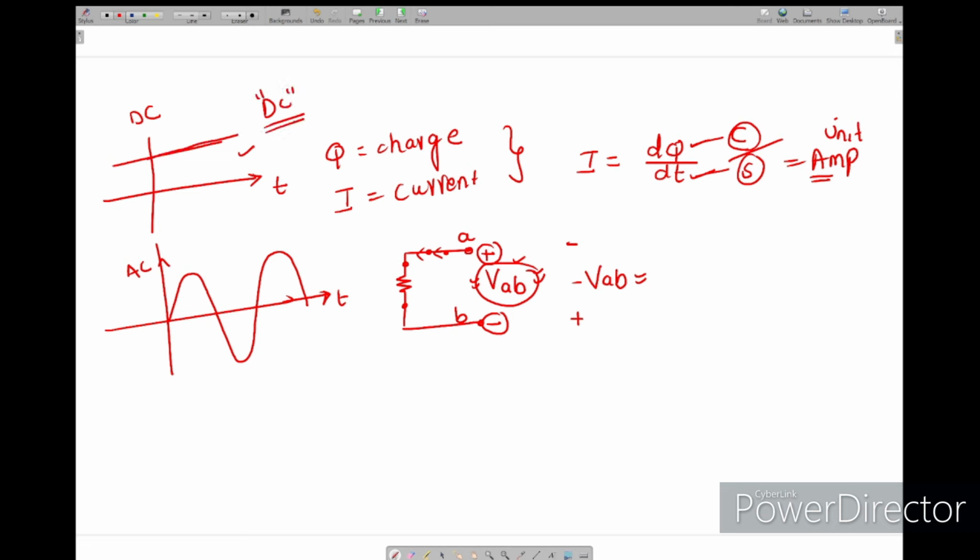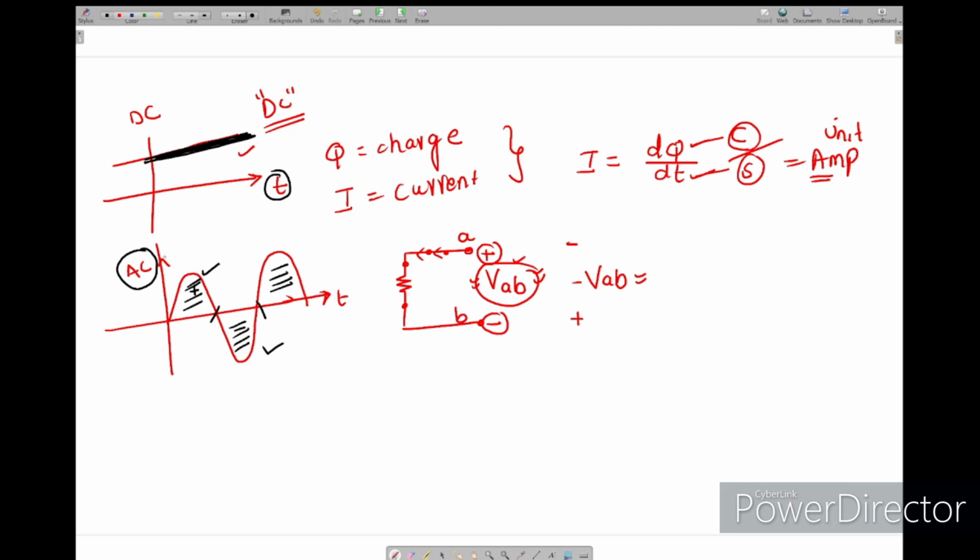The value is constant with respect to time. If it is 5 volts or 5 amps, it is the same every time, meaning the value is constant. And if you see this quantity, this is alternating: one positive value, one negative value, again one positive value, and again one negative value. It is changing with respect to time in two ways, positive and negative, meaning it is varying alternately. That's why we call this alternating current.